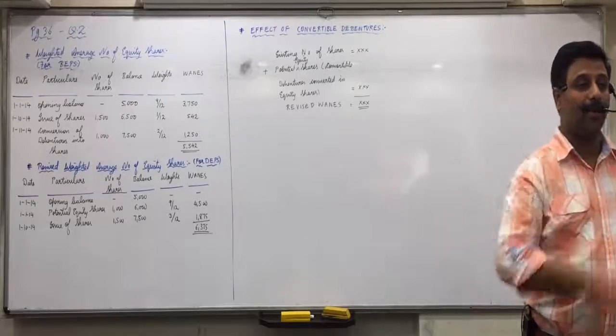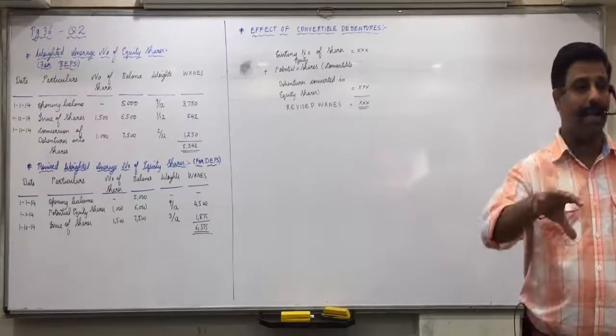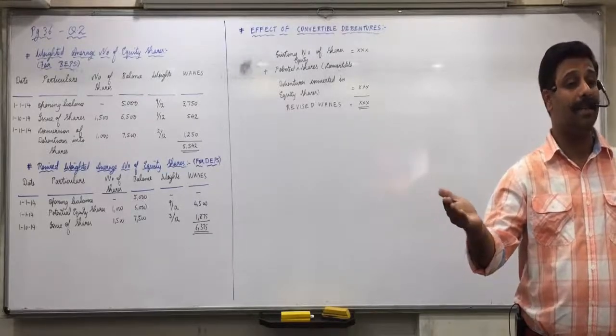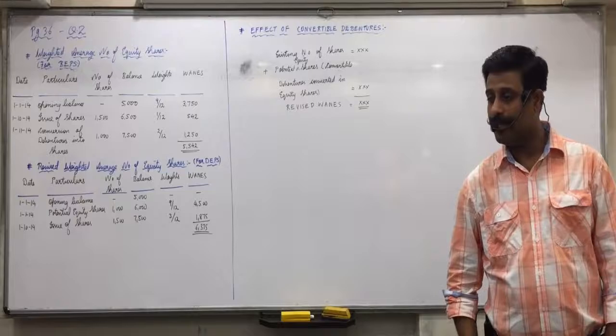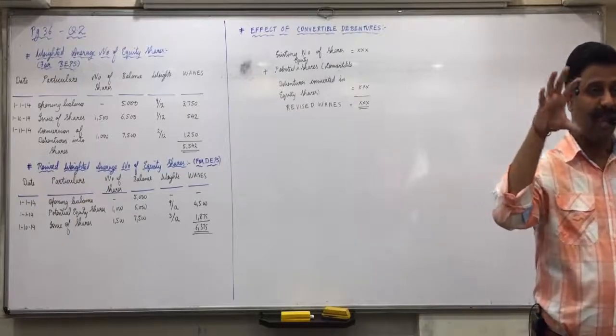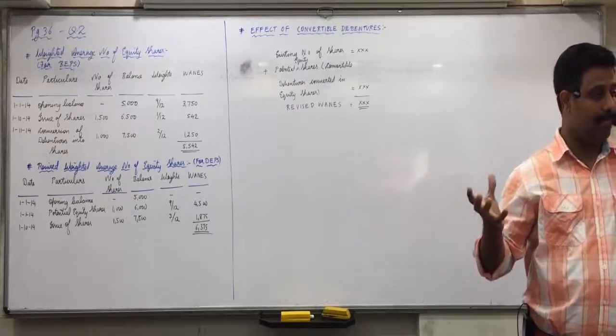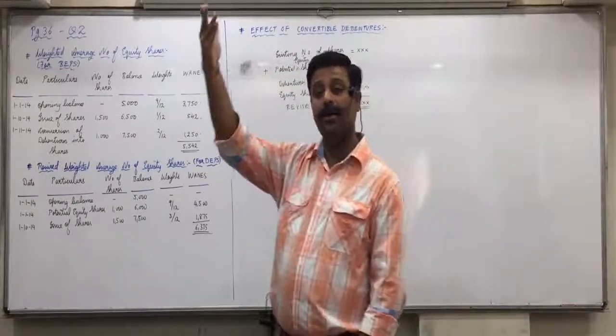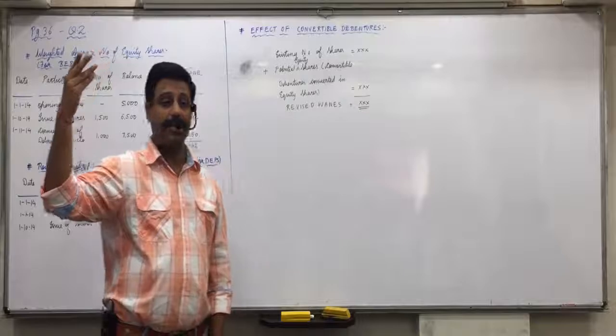That's the reason I told you yesterday that sometimes after conversion of debentures into equity shares, EPS may also increase. If the magnitude of increase in profit is more than the magnitude of increase in shares, then EPS may even increase. Is everyone clear with that?